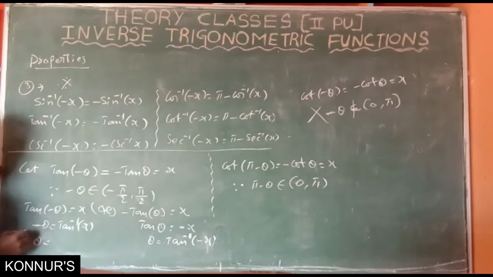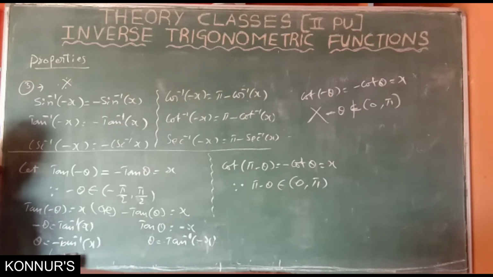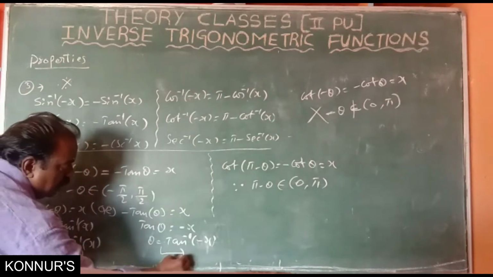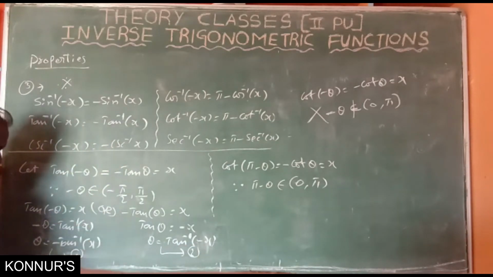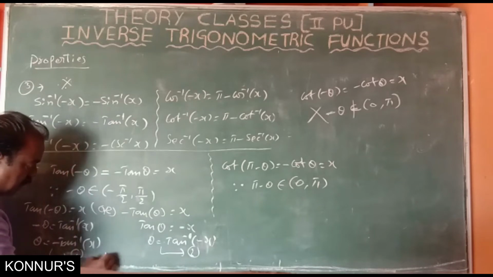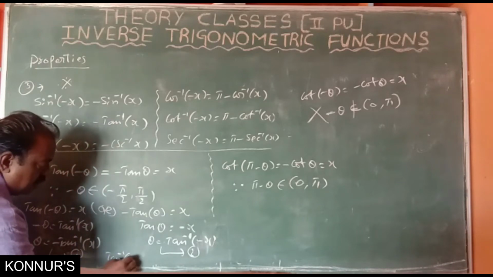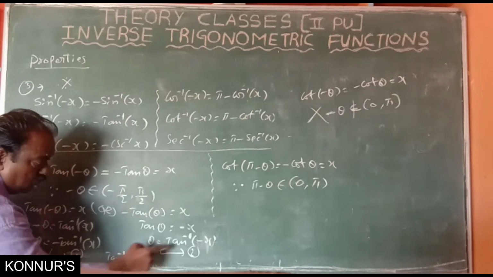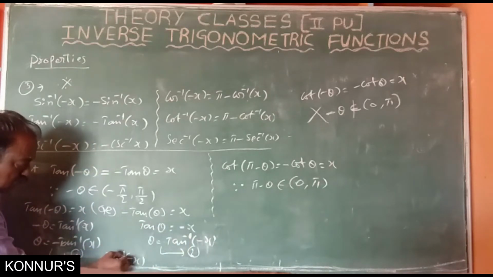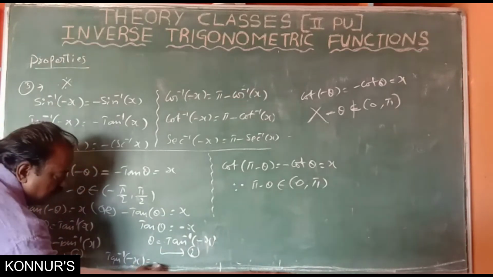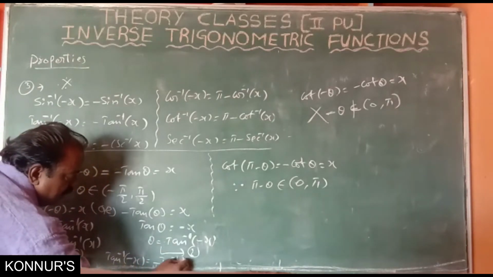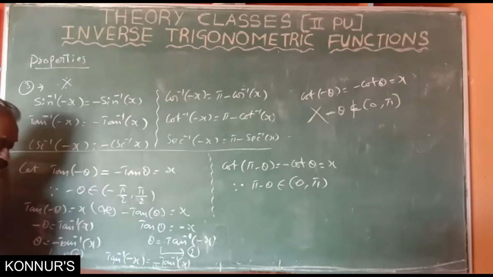Theta is equal to, we are multiplying with the minus, minus tan inverse x. So it is 1 and it is 2. Easily you can follow it. From 1 and 2, it is clear. Tan inverse minus x. Don't confuse. I am taking from 2 this one. Tan inverse of minus x is nothing but minus tan inverse x. Okay? Is it clear?